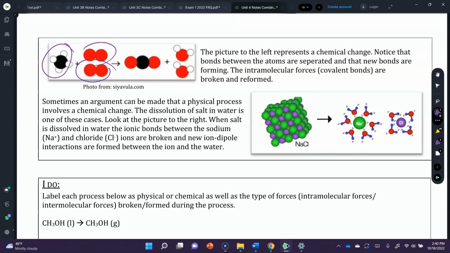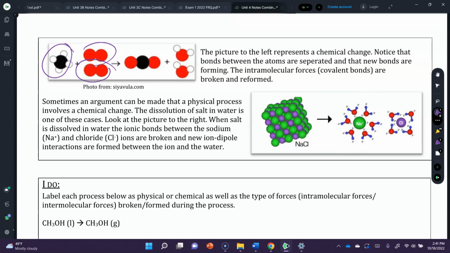Sometimes an argument can be made that a physical process involves a chemical change. The dissolution or dissolving of salts into water is one of those cases. If we look at the picture to the right, when a salt is dissolved in water, the ionic bonds between the sodium and chloride ions are broken and a new ion-dipole interaction is formed between the ion and water.